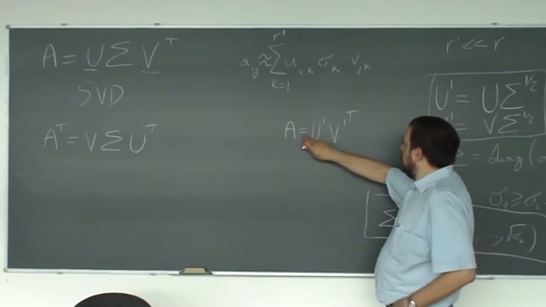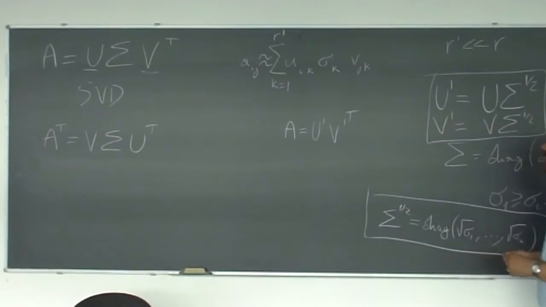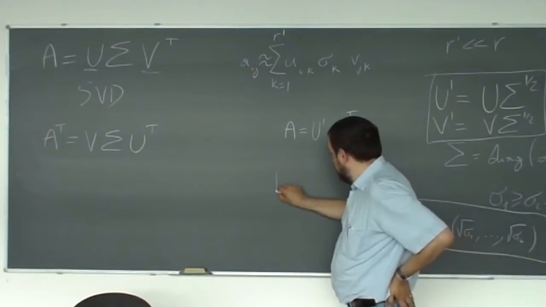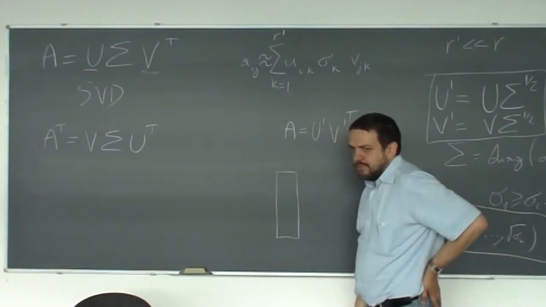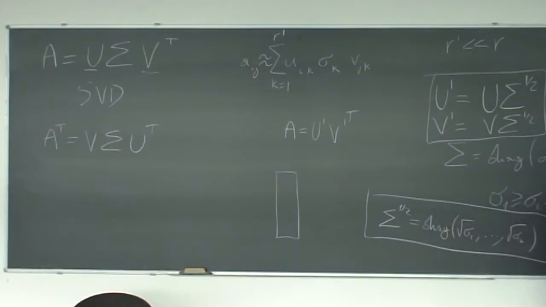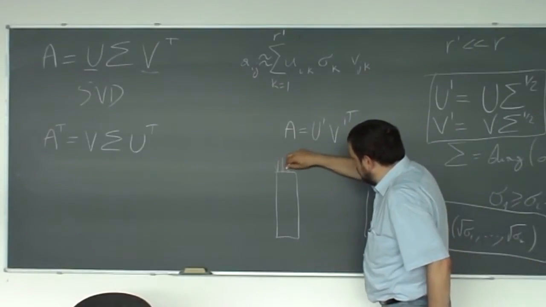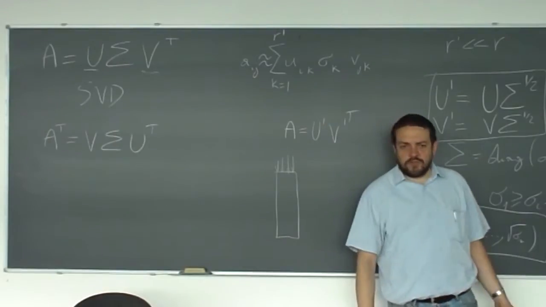Here we can also do the same. Well, just a moment. Here, okay, the original matrix U was orthogonal, actually orthonormal. It meant that all of its columns had a norm equal to 1.